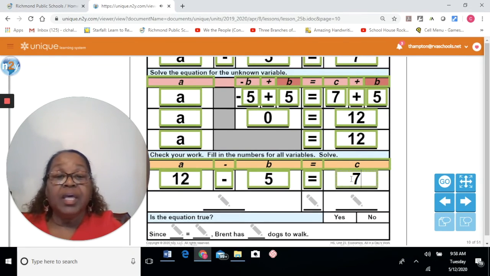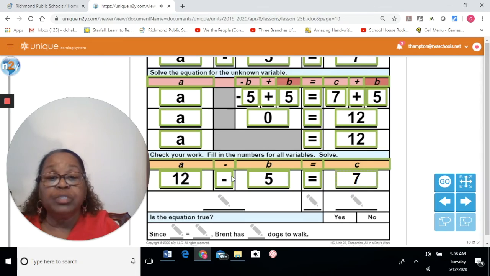All right. Let's see if these two numbers combined will equal the same thing that's on this side.